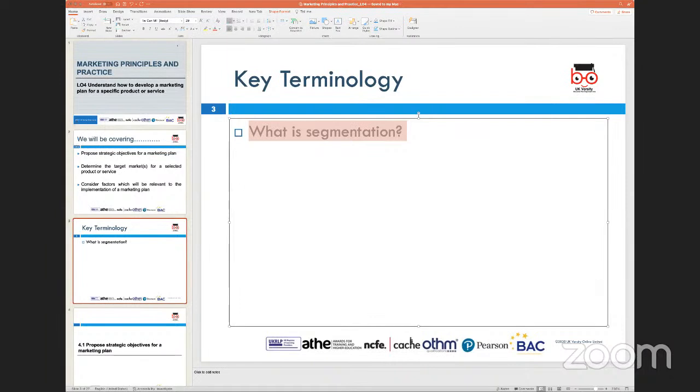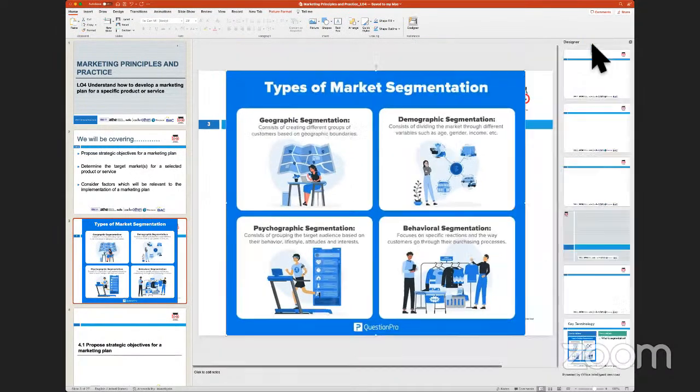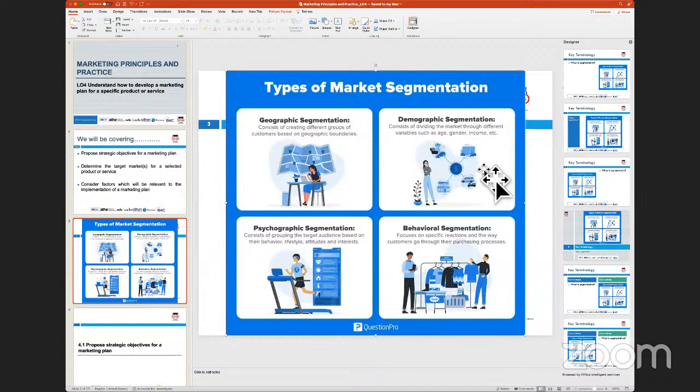And when we look at the process of segmentation, what we tend to do is basically divide the markets, divide the consumer, let me put it this way, into 4 different types. And in terms of segmentation, if I bring a picture across, it will help us refresh what is segmentation.